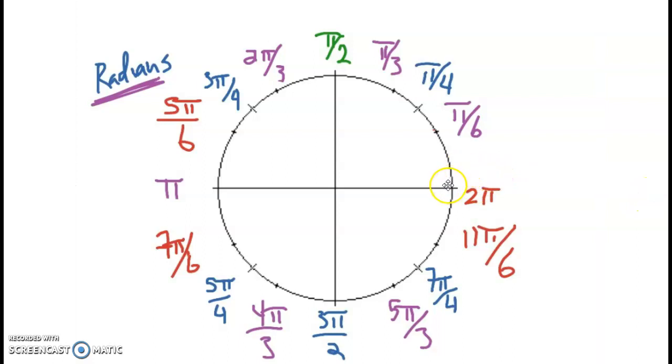And what I want you to realize is that if you are getting confused by fractions, you can always just turn everything into a decimal to see where it's at. So like pi over 6, this is really 30 degrees, this is 45, this is 60. But you can think of this as 1/6 pi, and you can think of this as 1/4 and 1/3.